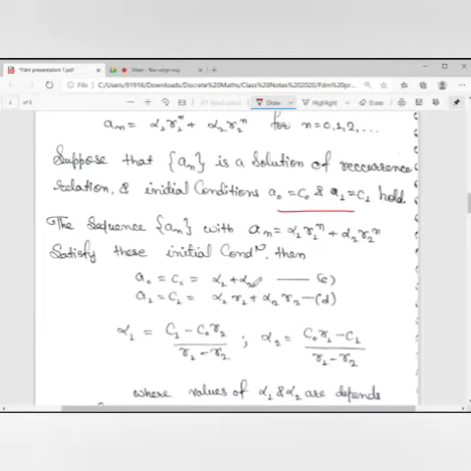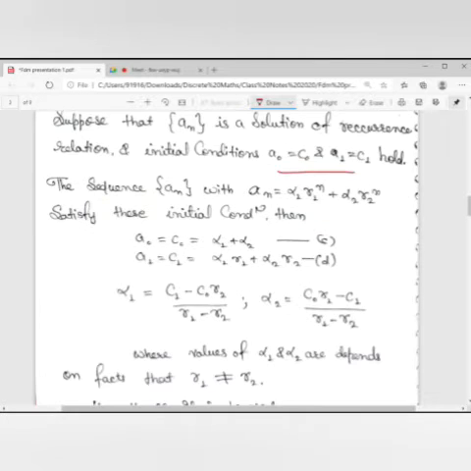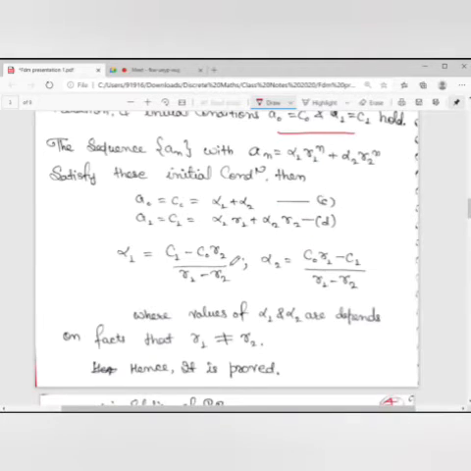On solving these equations, we can use any method to find the values of alpha 1 and alpha 2. I have used the substitution method, but due to time deficiency, I have written the direct values of alpha 1 and alpha 2.